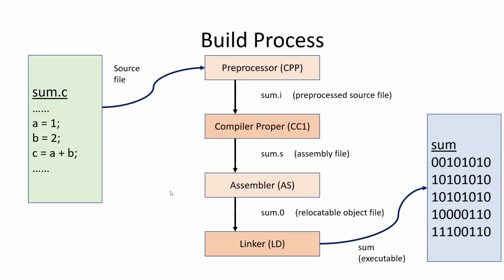That's located in printf.o somewhere out with the files associated with the compiler. The linker knows where to go get it. We don't have to tell it where it's found. It's going to take care of all of that on its own. And it's going to put all of those together along with the code that's needed to actually turn this into an executable, all into one file, and generate this sum without an extension, the sum executable.